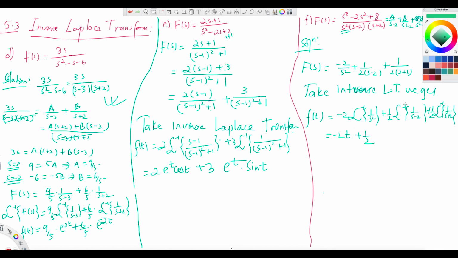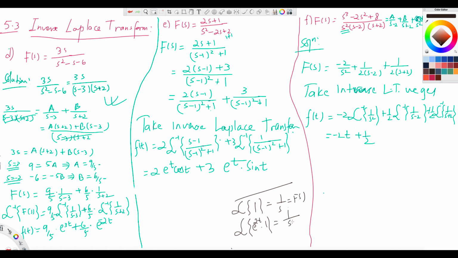What is the function whose Laplace transform is 1 over s minus 2? Let's see how that works. We know that the Laplace transform of 1 is 1 over s, right? But we need 1 over s minus 2. So what should I do? We need to multiply by e to the at. The Laplace transform of e to the 2t times 1 will be 1 over s with s replaced by s minus 2.